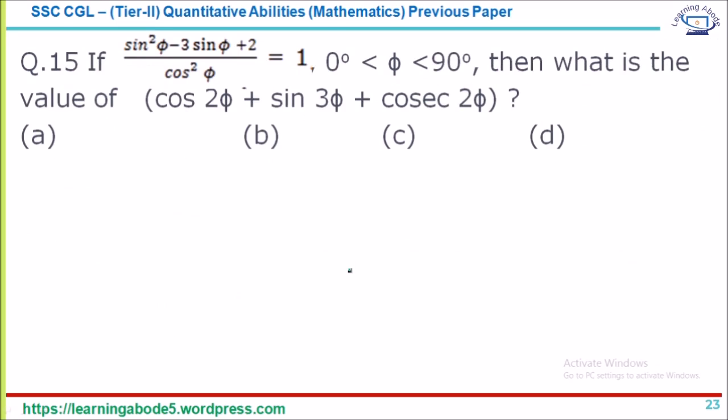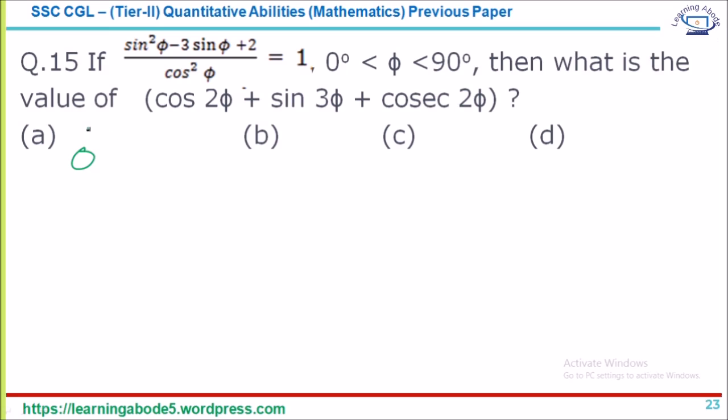The next question: if sine square pi minus 3 sine pi plus 2 by cos square pi equals 1, where pi is between 0 degree and 90 degree, then what is the value of cos 2 pi plus sine 3 pi plus cosecant 2 pi? Now you can substitute the options.